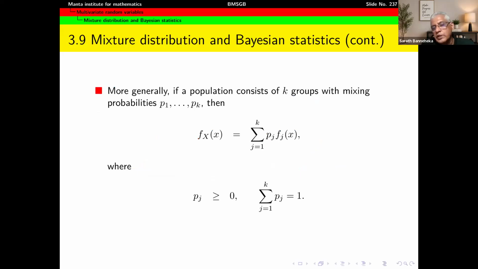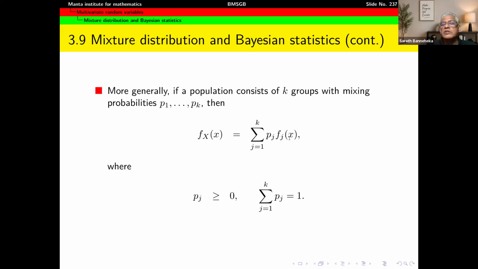Right. So in the examples, we were looking at two groups, but more generally, as I mentioned, if a population consists of k groups, say for example, with mixing proportions p1 up to pk, where the sum of those p1 up to pk is equal to 1 and each of p1 up to pk is greater than or equal to 0, then the mixture density function will be in this form, right?